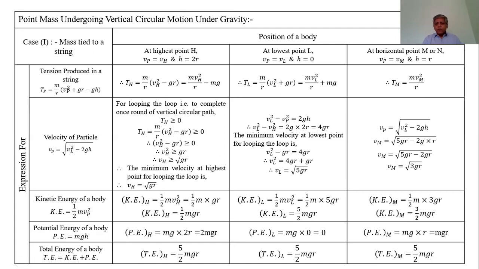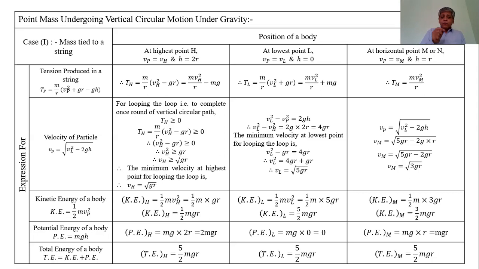When this mass revolves in vertical circular motion, if the tension becomes zero when it goes from the lowest to the highest position, before reaching the highest position, it loses the vertical circular motion and cannot perform it. But when the tension does not become zero, it performs vertical circular motion.